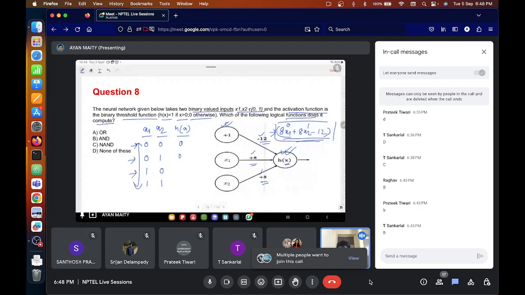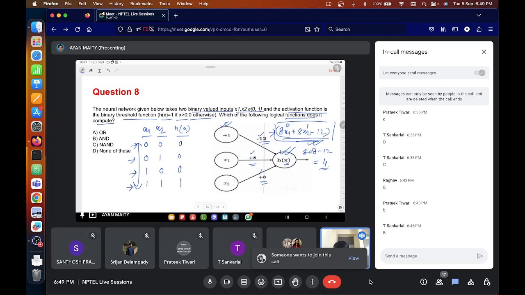Similarly for 1 0, this quantity is still negative, 8 minus 12, which is minus 4, so it's still 0. And for the final input 1 1, it is 8 plus 8 minus 12, so it's 4, which is positive. So if this quantity is positive, the output would be 1. This is the overall input output table that you have to compute.